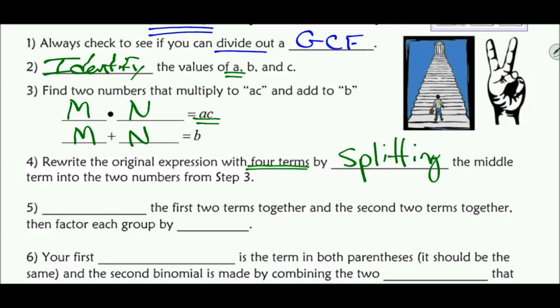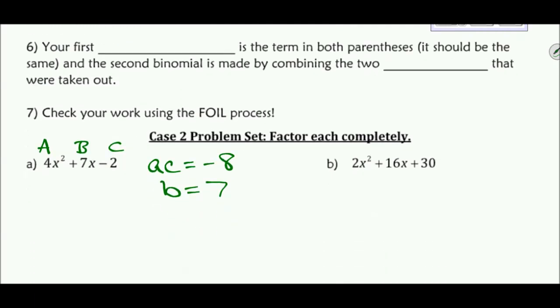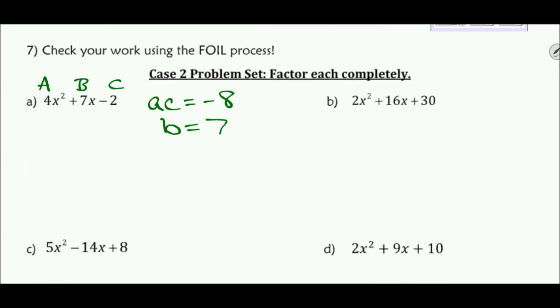I'm going to write this as 4 terms by splitting the middle term into these two things that multiply to give me AC and add to give me B. What multiplies to give me -8 and adds to give me 7? -1 and 8. Those two numbers are how I'm going to split this middle term up. That 7 is going to split into a -1 and an 8.